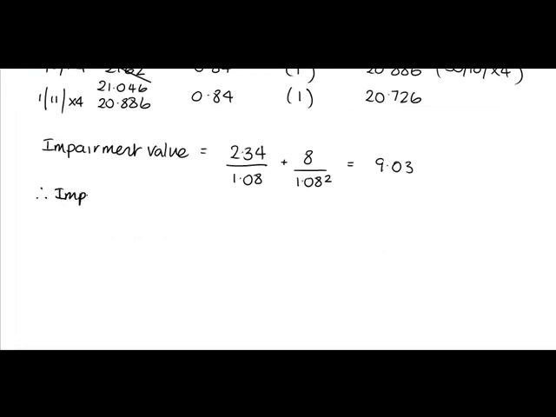Therefore, the impairment is going to be the value in the balance sheet, and I'm just going to put this to 2 decimal places just to make my life easier. 20.73 less 9.03.